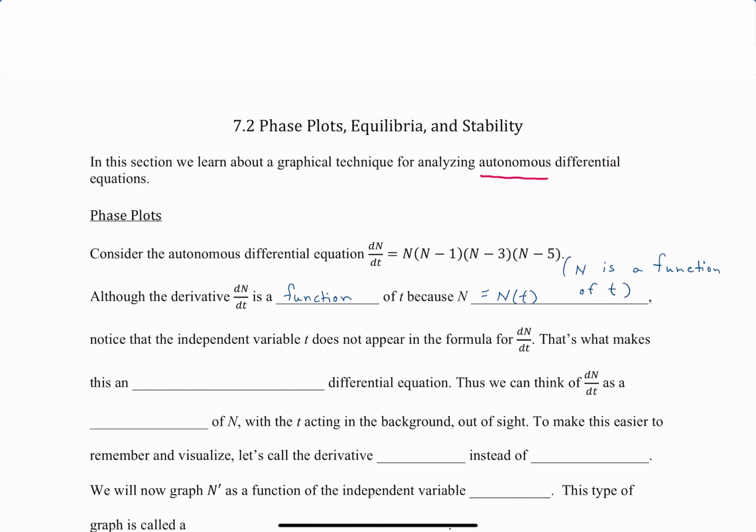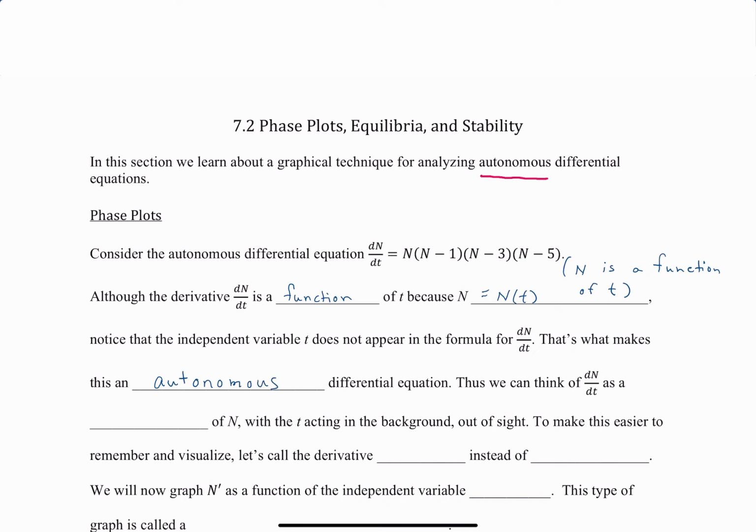Therefore, the derivative of N also depends on t. But notice that the independent variable t does not appear in the formula for dN/dt. In fact, that's what makes this an autonomous differential equation.